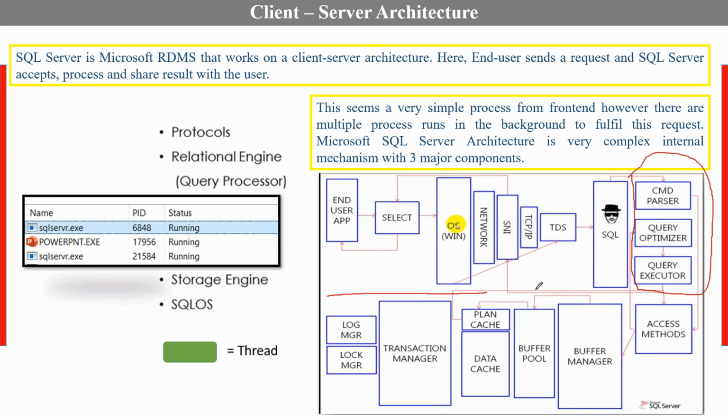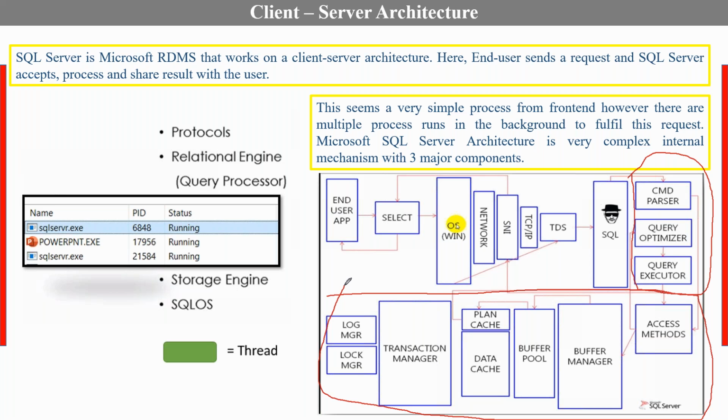Whatever you are seeing from the bottom, all of this comes under the storage engine, like access methods, buffer manager, buffer pool, plan cache, data cache, and transaction manager, where your data is residing. The relational engine is nothing but parsing the query and preparing the execution plans. It won't contain any data.